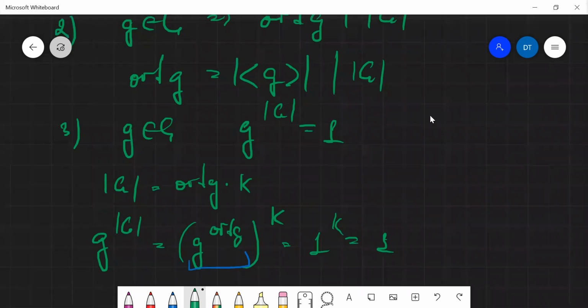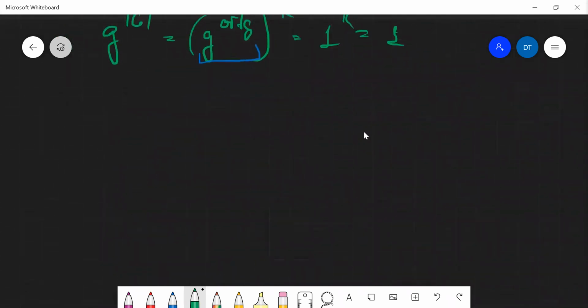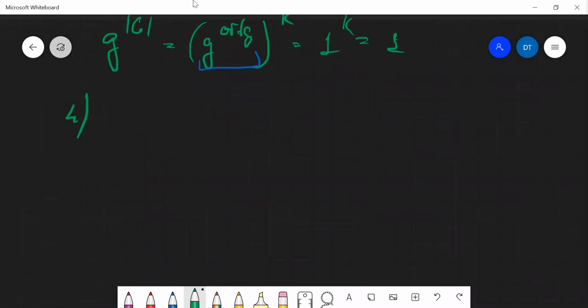Now, corollary number four says if you have a finite group of prime order p, then G is cyclic. But we can formulate this more precisely.